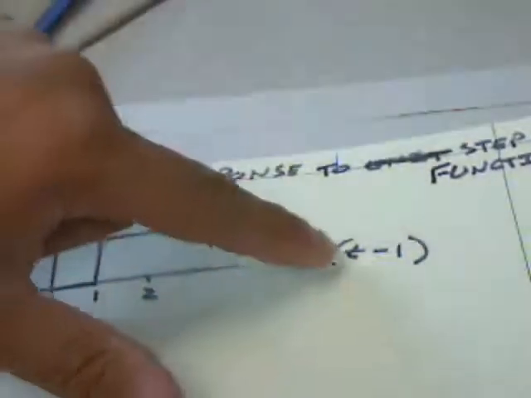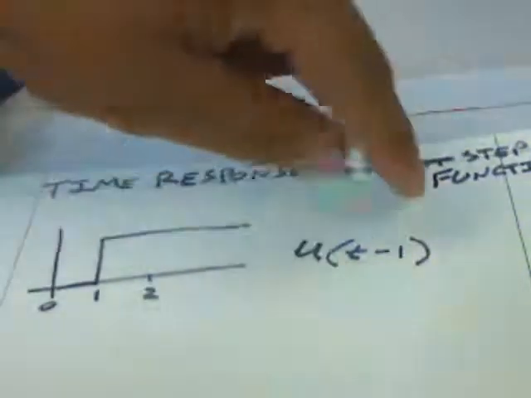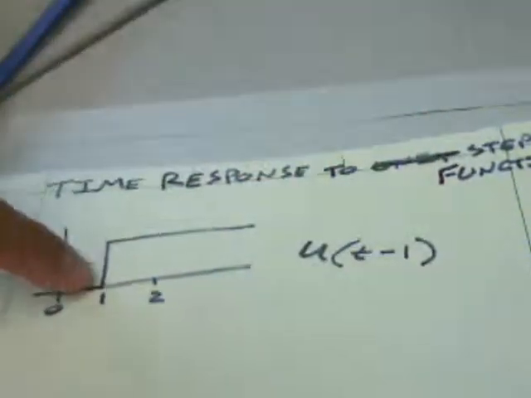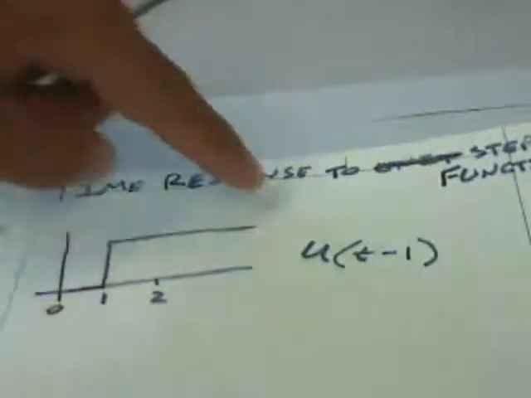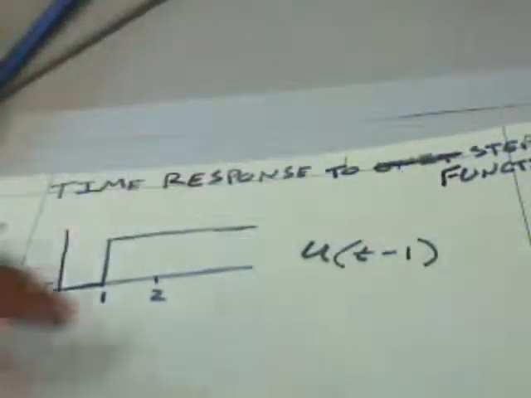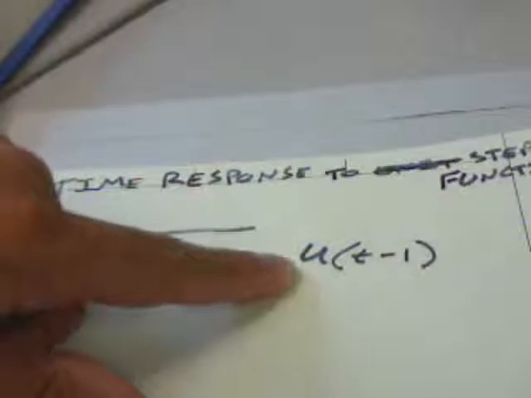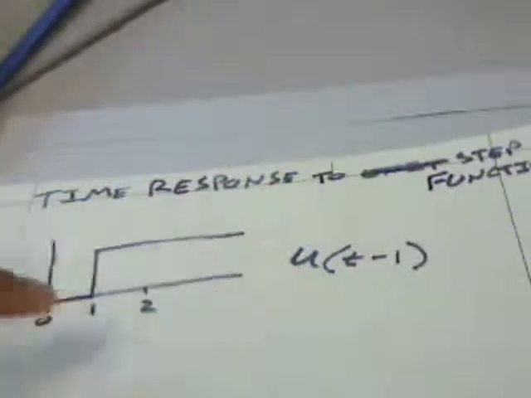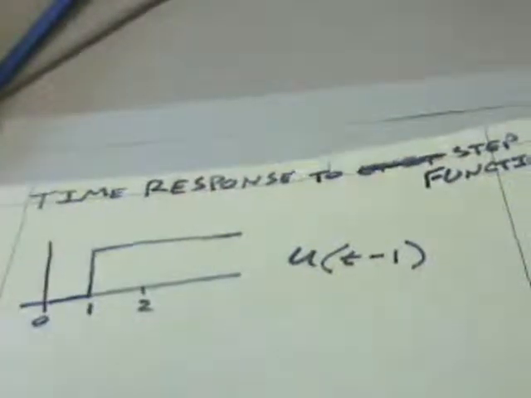Remember, when t equals 1, this goes from 0 to whatever value that is. We have an amplitude here that we haven't specified, so it's just an amplitude of 1. That's not the important part.